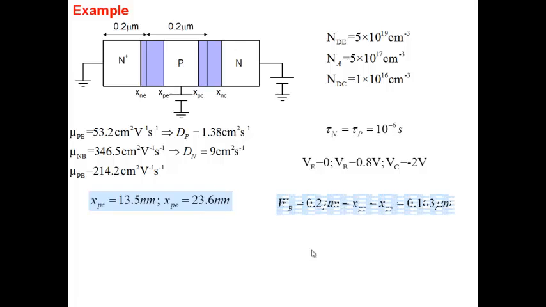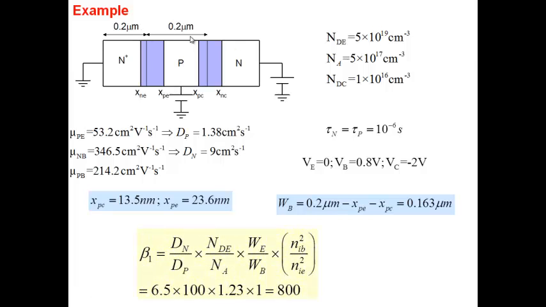Therefore the effective base width will be equal to 0.2 micron, the metallurgical base width, minus the depletion widths on the emitter side and on the collector side, and we get an effective base width of 0.163. Note that you had designed for 0.2 micron, but the effective neutral base width is only 0.163. The difference is significant. You can't just assume the effective base width equal to the total base thickness.